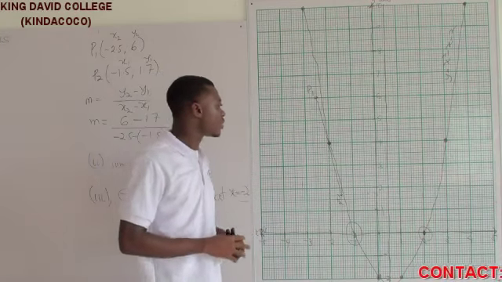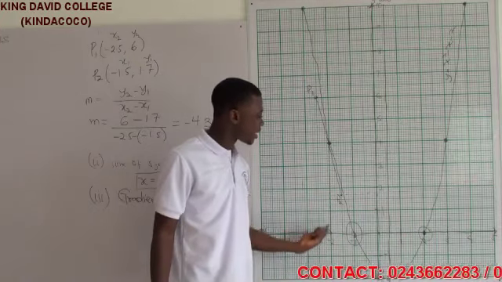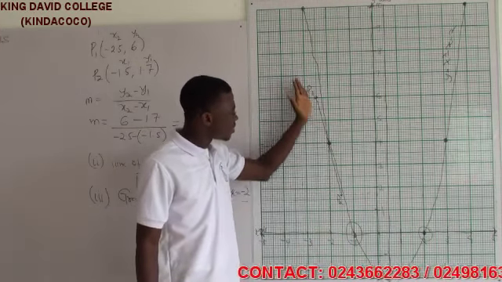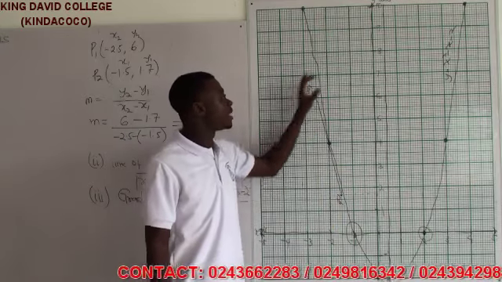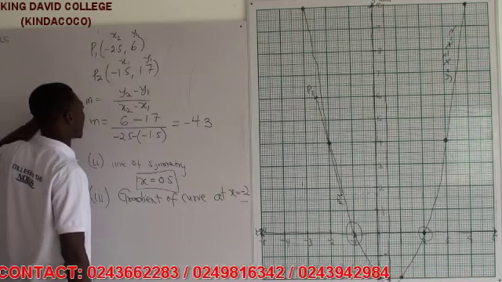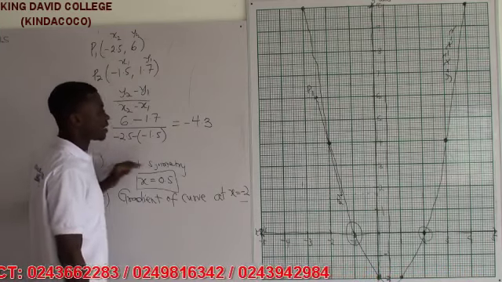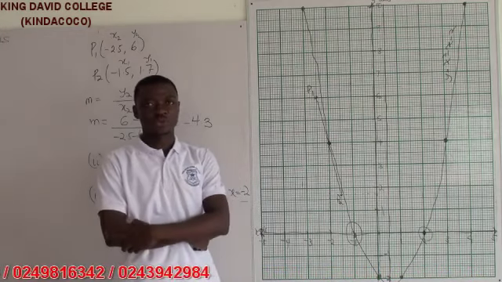Okay. So if you are asked that, locate the points, touch the curve, draw your line, pick 2 points on the line, read the coordinates of the 2 points you picked, and then apply the gradient formula to get the gradient you are being asked for.